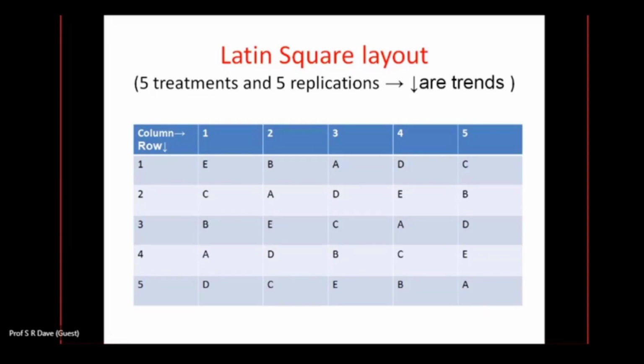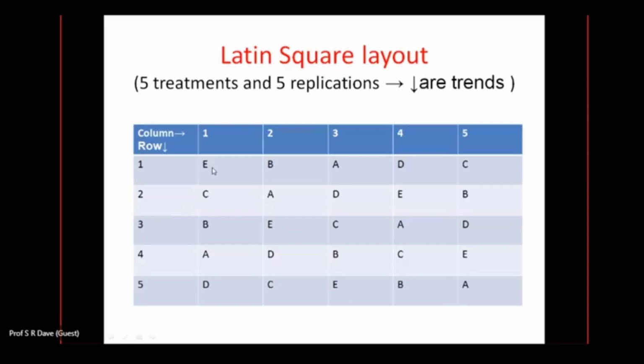In the case of Latin square, any difference or heterogeneity in this or this will be taken care of. If I take E here, and if I take E here, it will give an idea about any heterogeneity in the columns. If I take results here and here, it will give the difference between the rows.